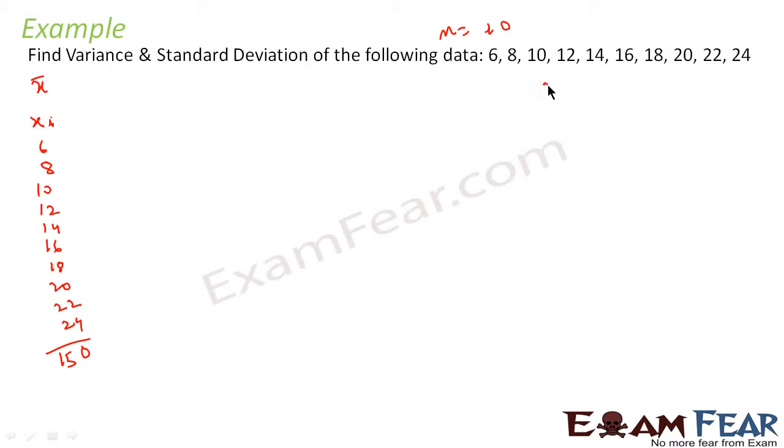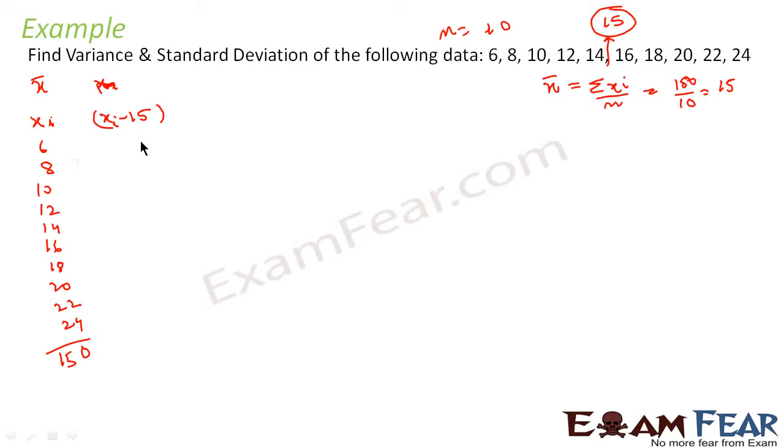So the mean is the summation of xi by n, which is 150 by 10, that is 15. Sorry, the mean is 15. Now once we have the mean, we'll write xi minus 15, that is xi minus mean.